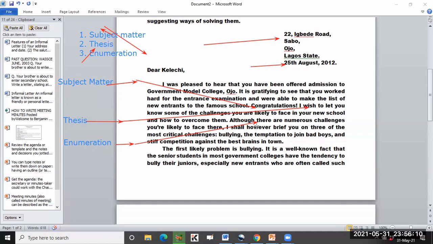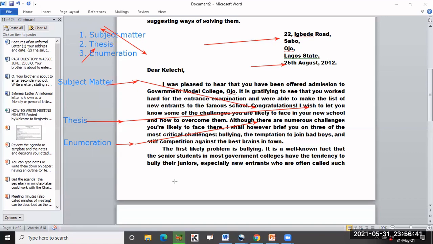And by the way, all these three major ingredients are very critical ingredients that are needed to make a good paragraph of any piece of writing: the subject matter, the thesis, the enumeration. Sometimes you may include the intro. Once you have enumerated, then you can say in the following paragraph, I am going to discuss these points one by one.